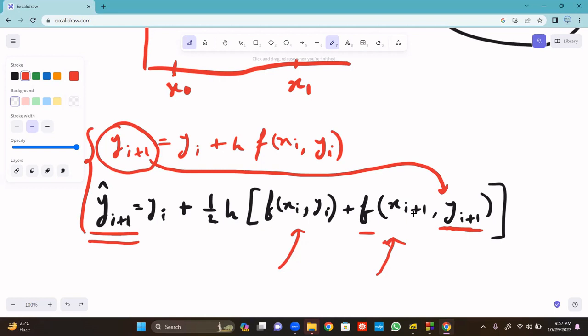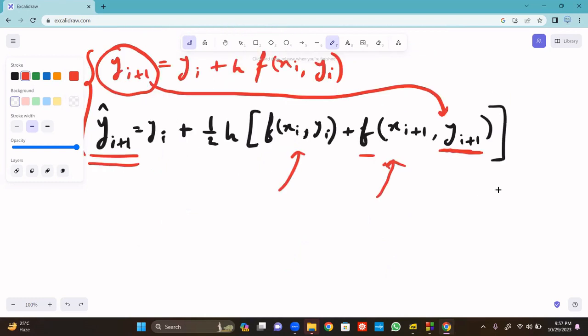And one may be interested to write the equation in a single line like this.